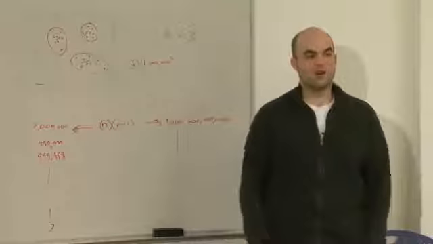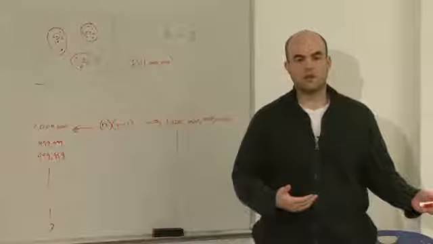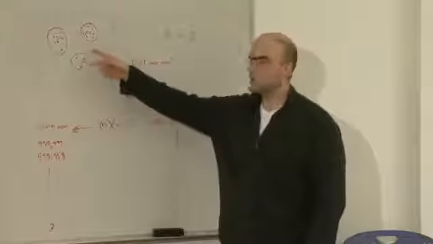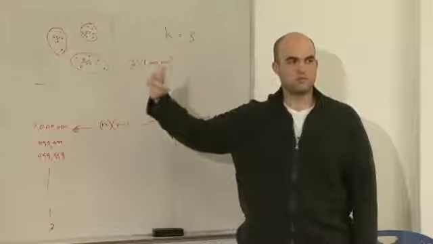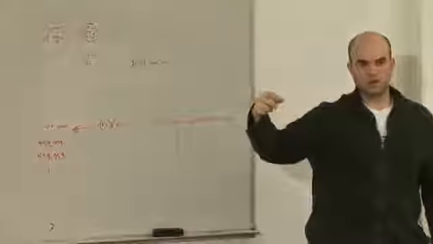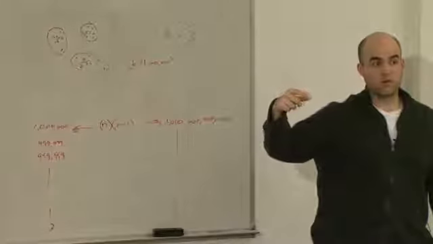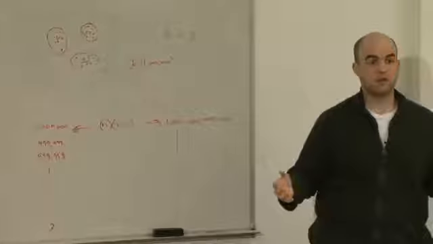So if I have n points and I have k equal n, then all of my points are going to be their own cluster, and every time I update, I'm never going to move my centroid. Also, in your problem set, you're going to be asked to compute a standard error for each of the clusters, and a total error for the entire clustering.